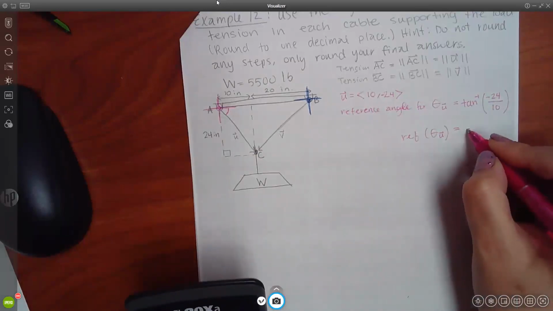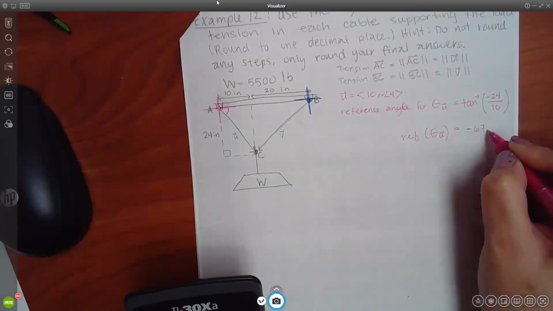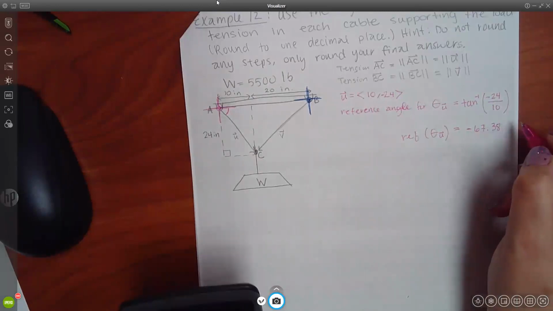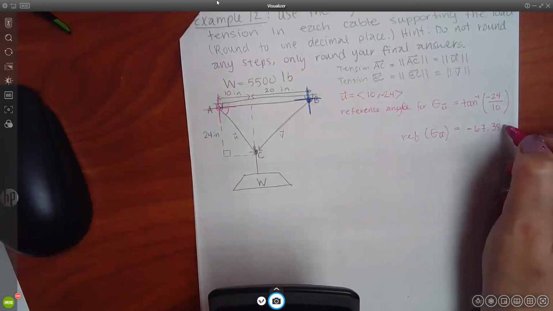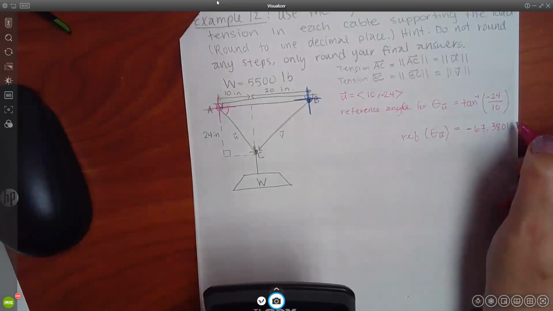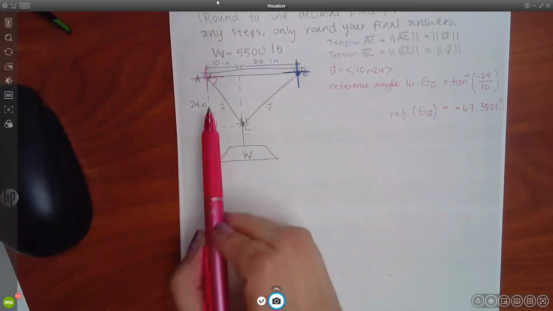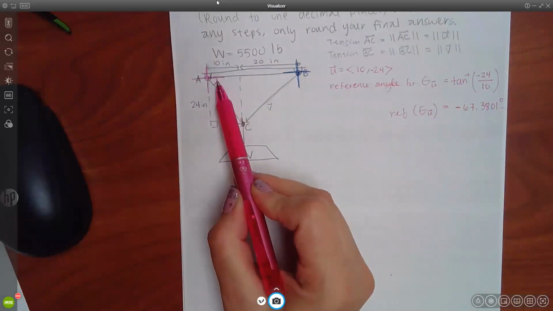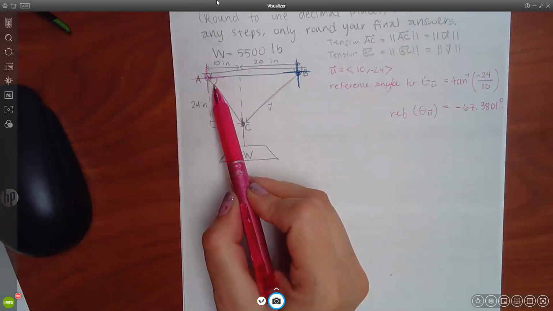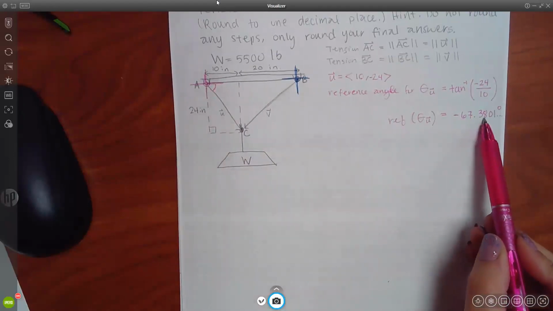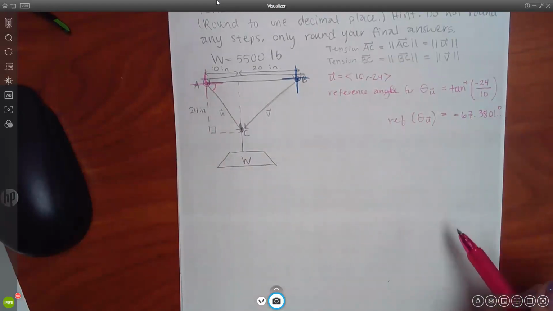I get negative 67.38. I get a whole bunch of decimals. Okay, but that's how many degrees I get. That makes sense, right? If I'm going below this, I'm going in this direction, it would be a negative angle, right? So I know that this angle is negative 67.3801, and so on and so forth.